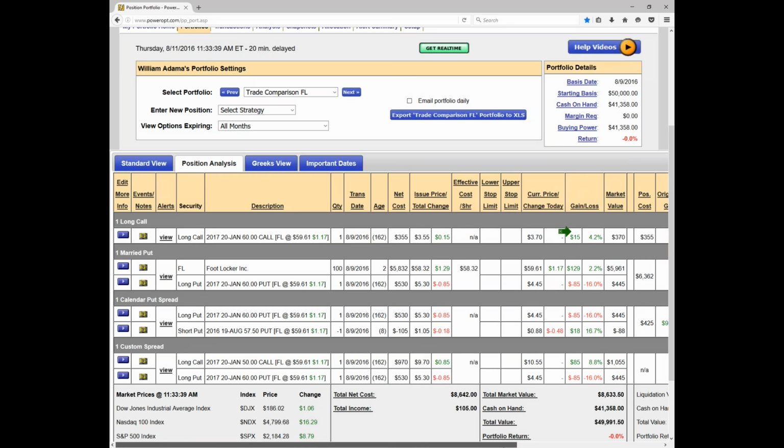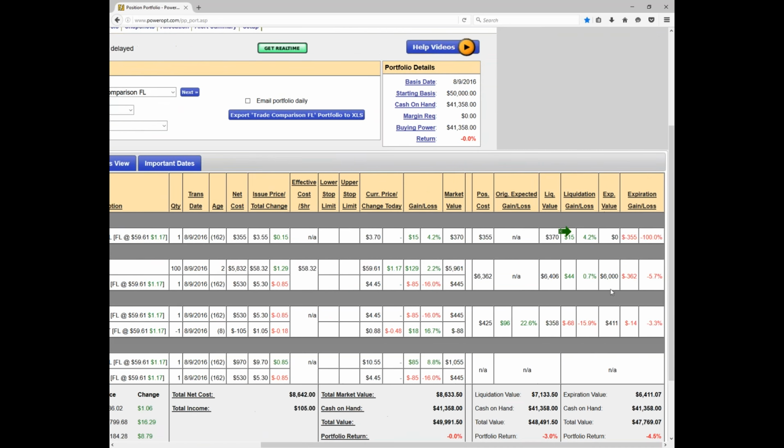Okay? Now, let's scroll over here a little bit. And this is sort of the position analysis view on the portfolio of all of our positions. Liquidation value of the long call right now is 4.2%. In the married put, my stock's up $1.29. My put's valued at $4.45.